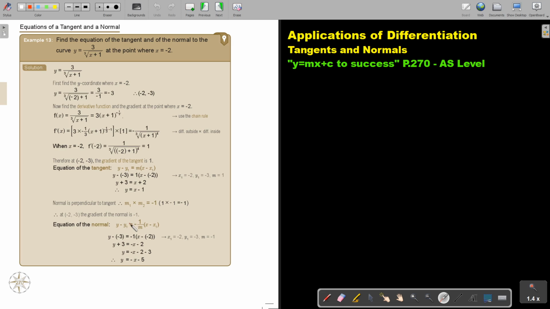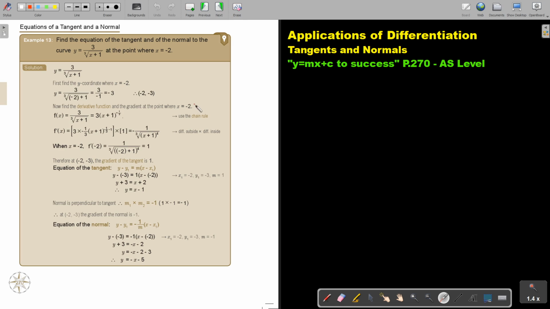And now for the normal, you can just use this formula and substitute 1 divided by -1, or the 1, and the negative. Can you remember, perpendicular? We change the sign and we take the reciprocal. Substitute again, and that will be the formula for the normal, which is 90 degrees to the tangent.